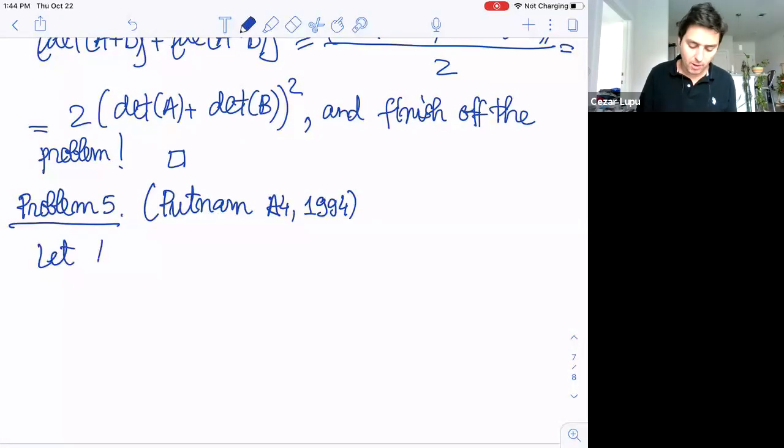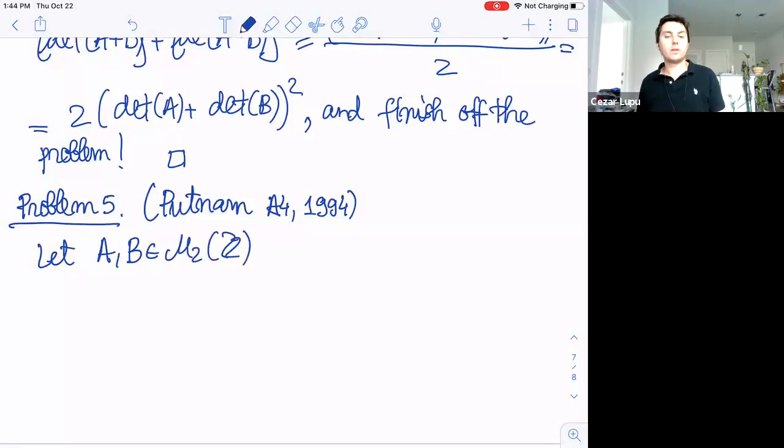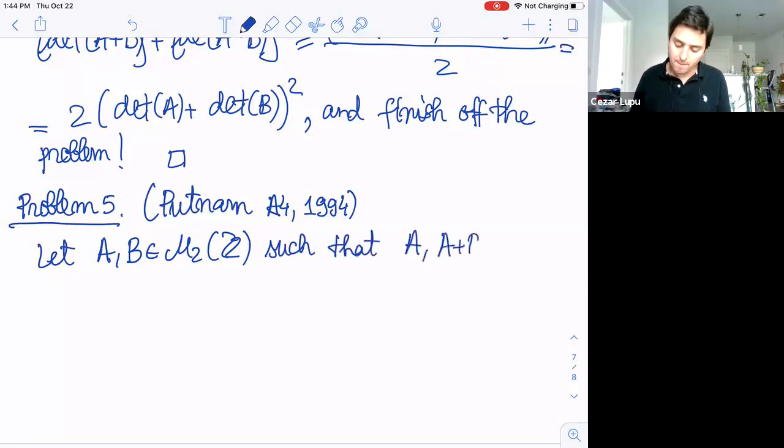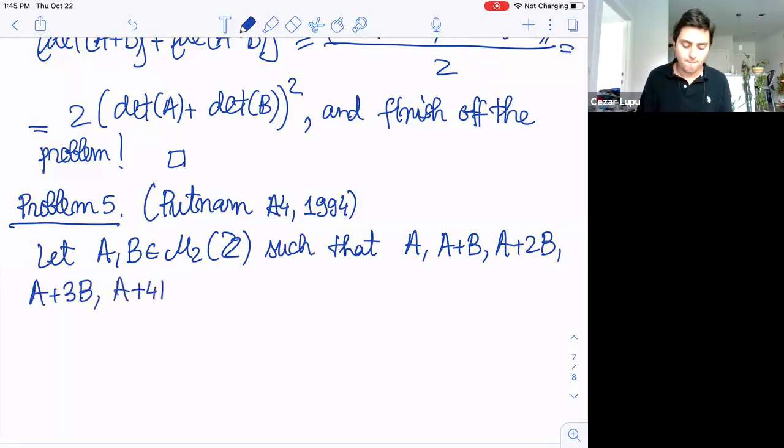So the problem states the following: let A and B be two by two matrices with integer entries, such that the following property holds true, such that A plus B, A plus 2B, A plus 3B, and even A plus 4B, these 5 matrices, are invertible.